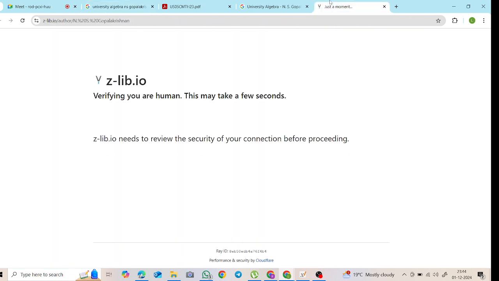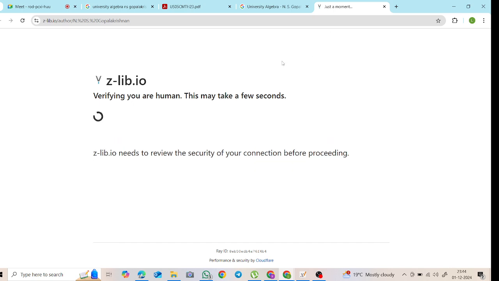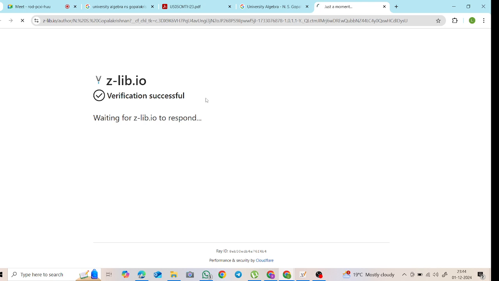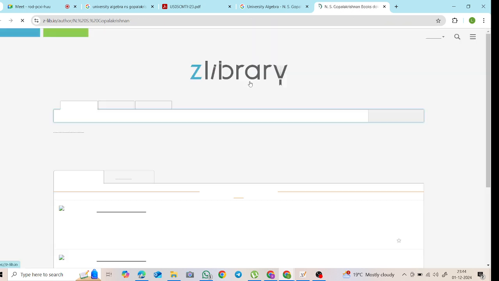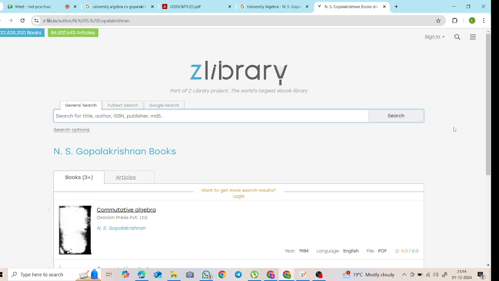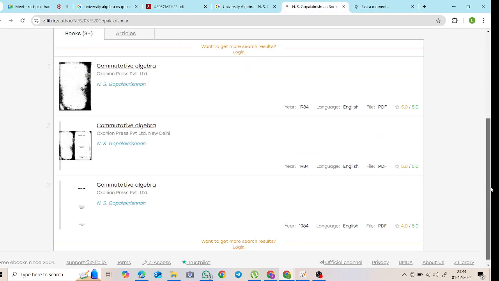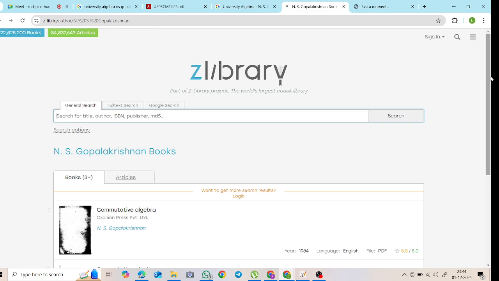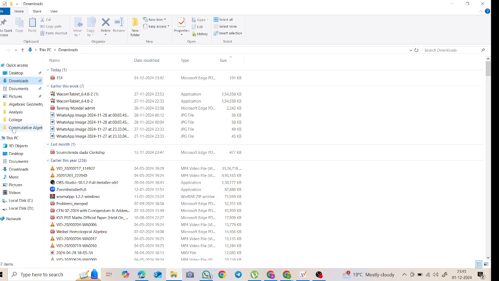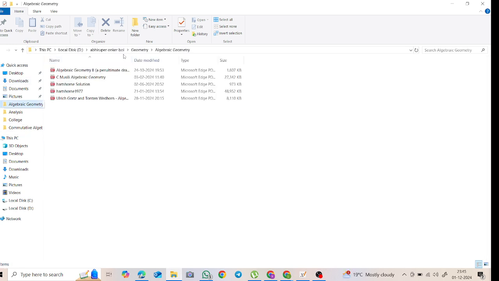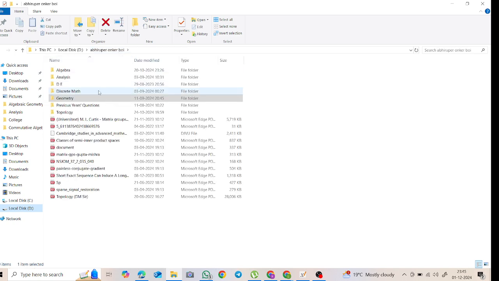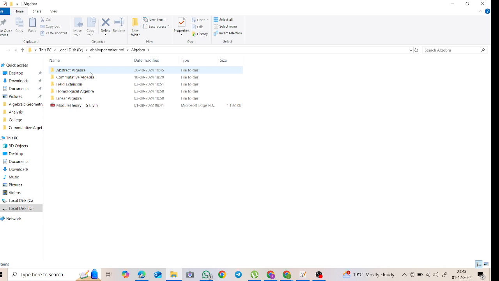Okay, so let me see if I can download it or not. The commutative algebra book is very famous, but I am looking for university algebra. Let me see what I can do. Shubrita, what were you saying, whether you can revise from Hungerford or not? Let's see.